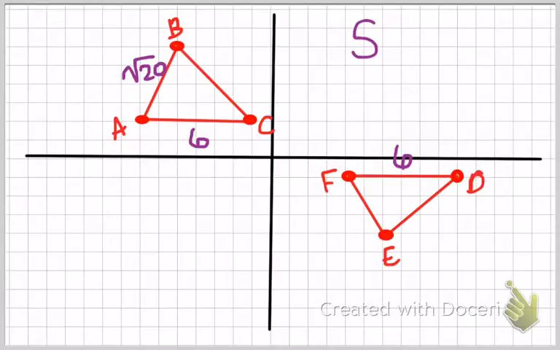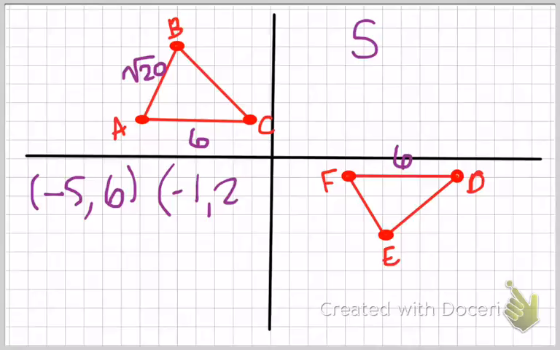So you start by finding out that B is located at negative 5, 6. And C is located at negative 1, 2. And then we're going to plug it into the distance formula.